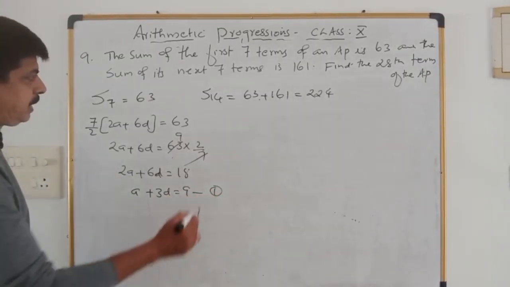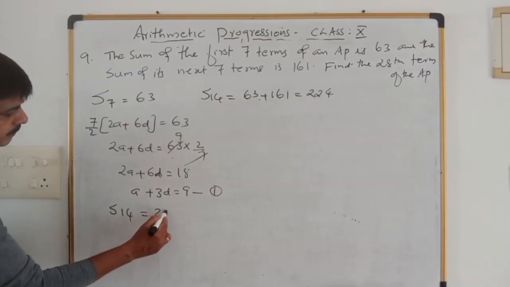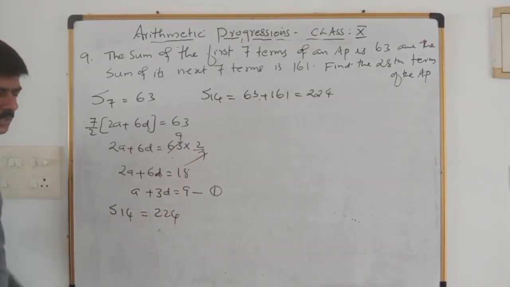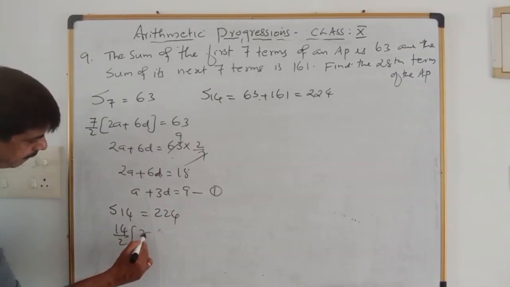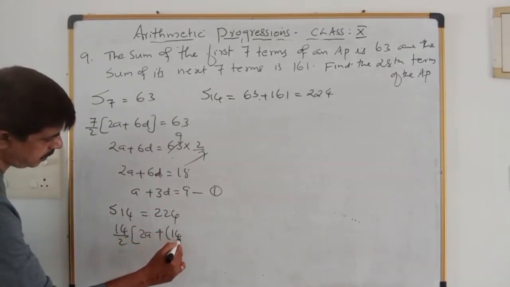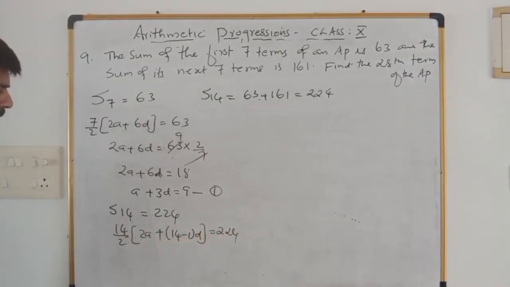Now we know that S14 is 224. Using the sum formula again, 14 by 2 into 2a plus (14 minus 1) into d is equal to 224.